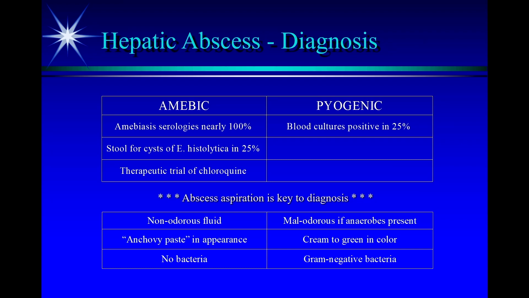And you aspirate the abscess, and my old mentor at LA County Hospital used to say you should aspirate the abscess, look at the aspirate, smell the aspirate. If it has no odor, it's likely amoebic. If it's very malodorous, it's probably pyogenic, especially if it's anaerobic.